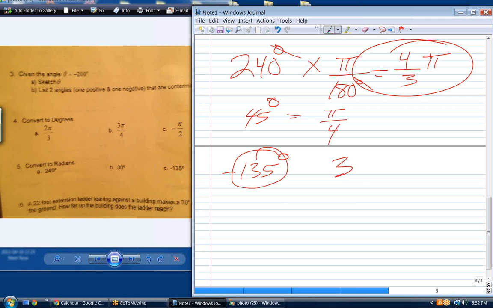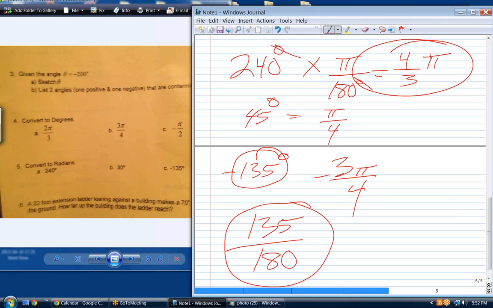So it's got to be 3 pi over 4. It could be easier to do it that way. It's easier to see that 135 is an exact multiple of 45 than it is to reduce this.